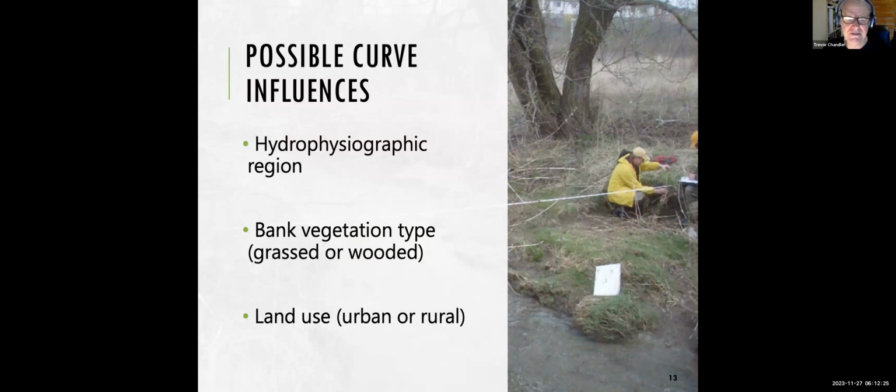That's an influence. Another influence is the bank vegetation. So it's known that grass channels look very different than wooded channels, or channels that are flowing in wooded areas. And land use might have some impact too. There's been some talk. People say that urban channels are different than rural channels. So we wanted to see, is this the case?